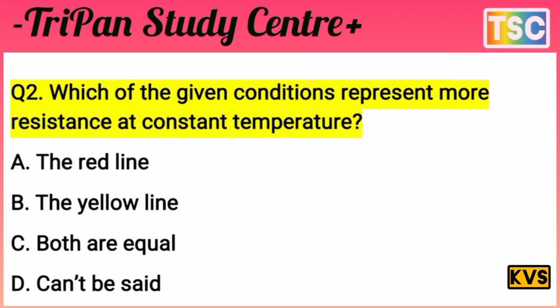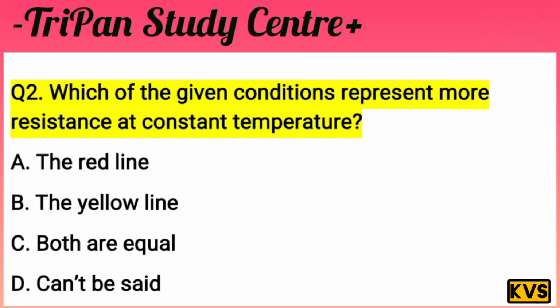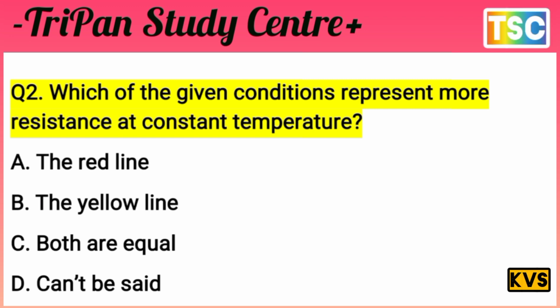That's important. But first of all, check your knowledge. I give you a few seconds. You must have a thought of your answer. Let's see what our answer is. The question is clear.